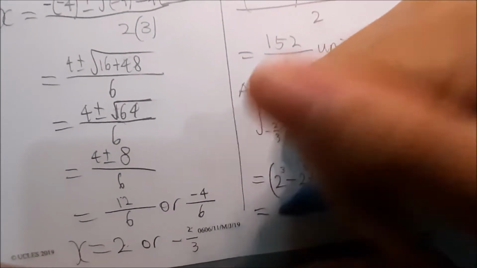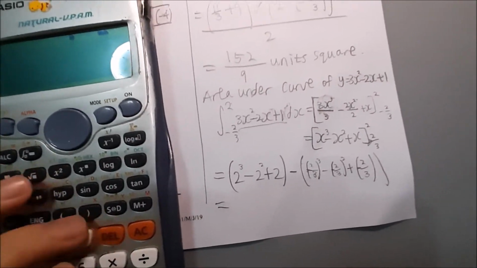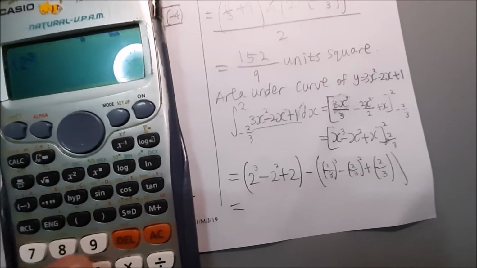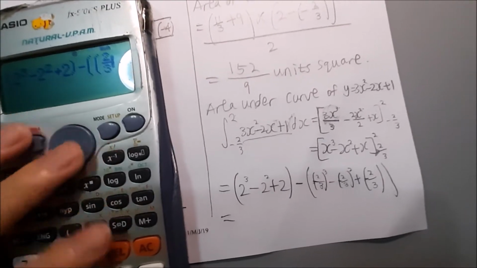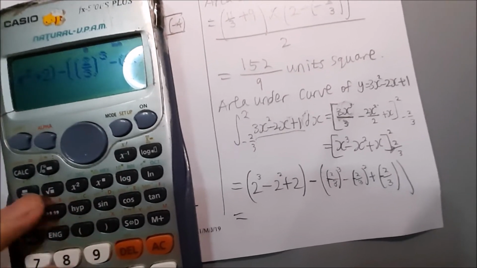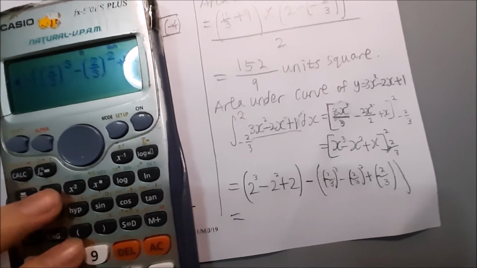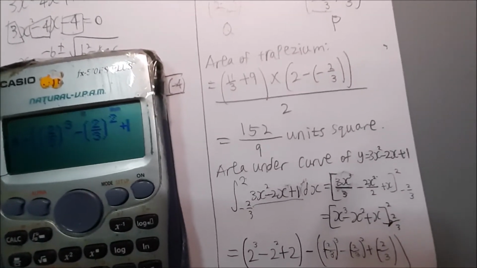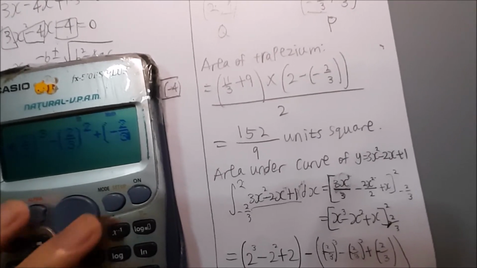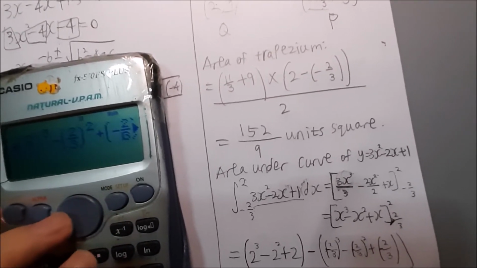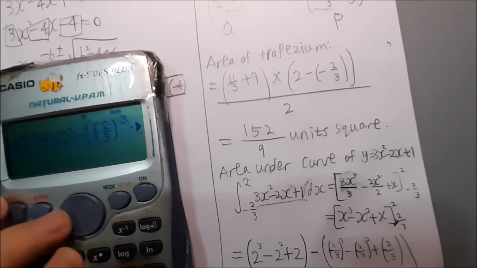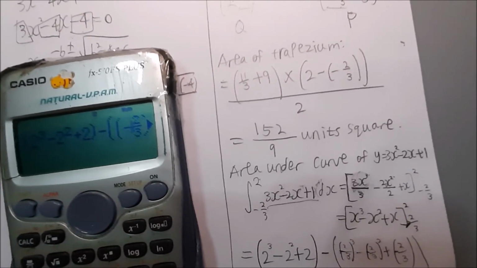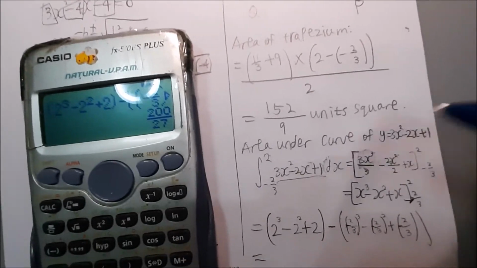And then if you use a calculator, you get 2 cubed minus 2 squared plus 2 minus negative 2 over 3 cubed minus negative 2 over 3 squared plus negative 2 over 3. Always remember to add the negative sign if you have forgotten. And you get 200 over 27.